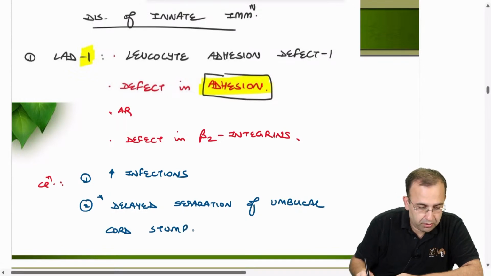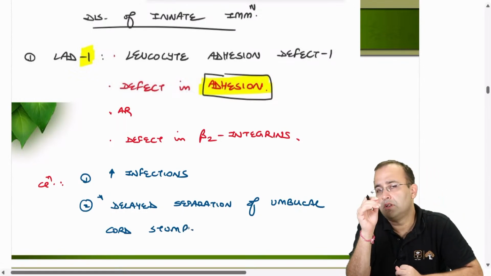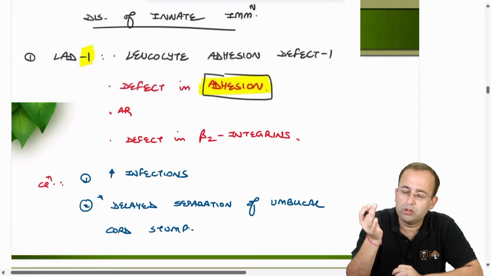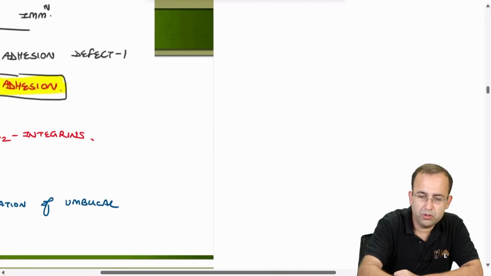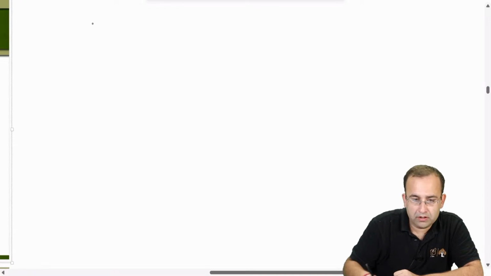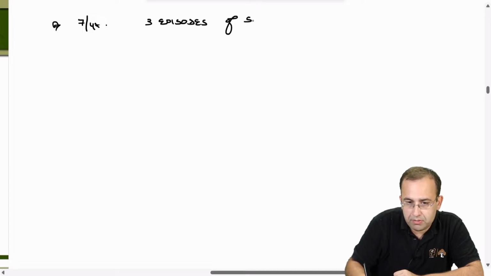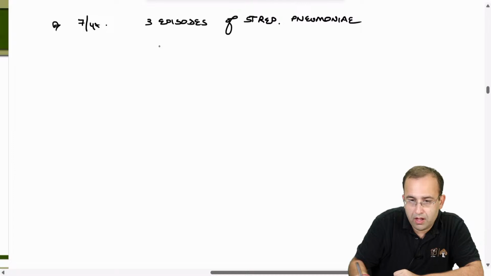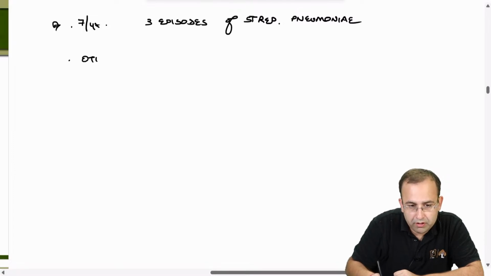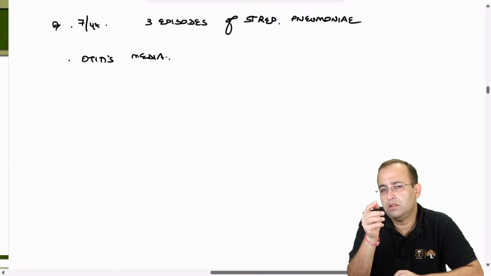Very, very important. See, this is how a clinical history based question is also given to you. Suppose you have a question in which it is asked, a 7-year-old child presenting to OPD with 3 episodes of strep pneumoniae last year, now coming to OPD with otitis media. The examiner will not write repeated infections.